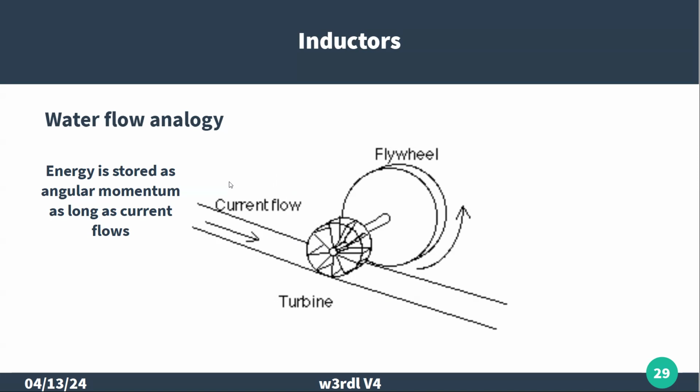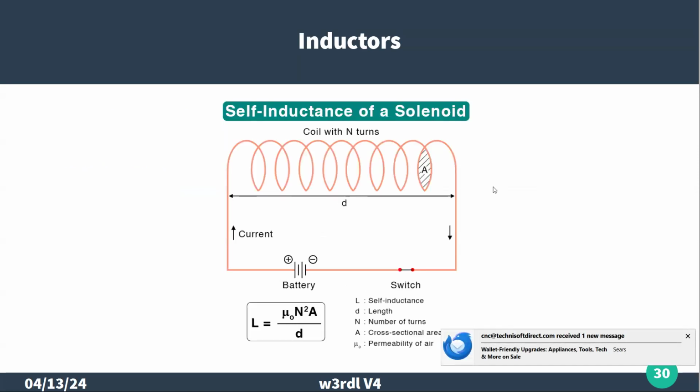Current stops flowing into the capacitor once it gets up to its potential, which is equal to the voltage that you applied to it. We call it self-inductance when it's a coil like that.